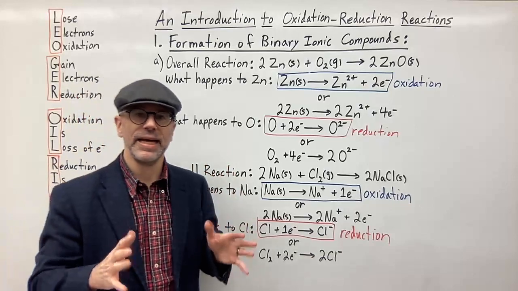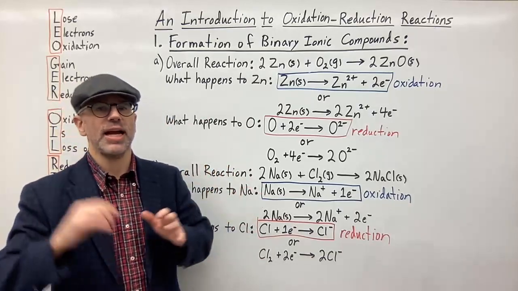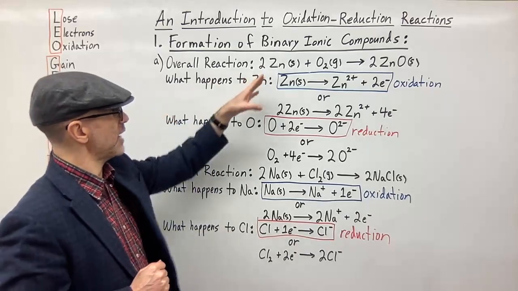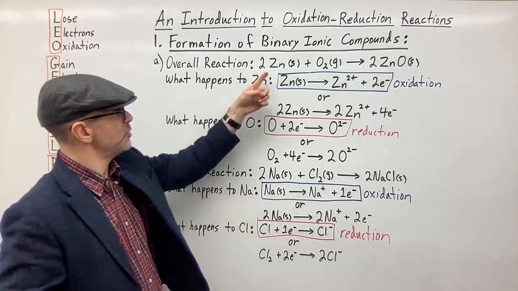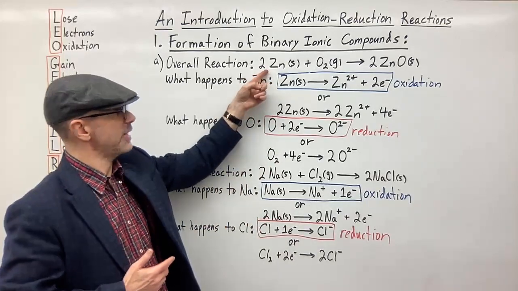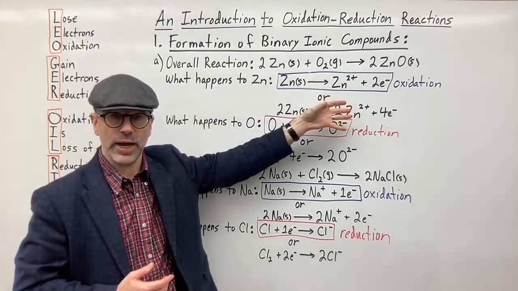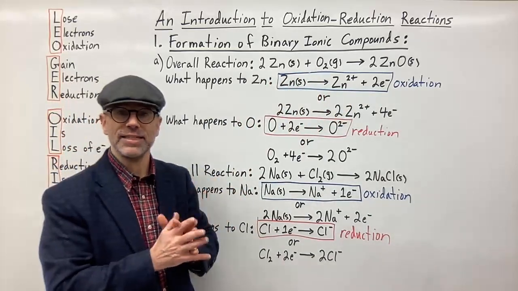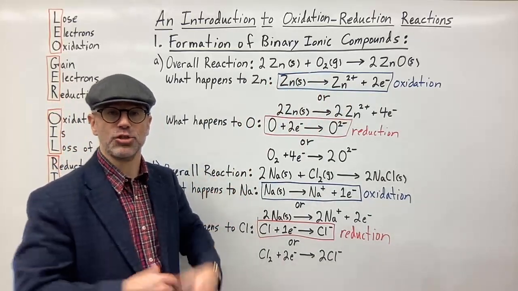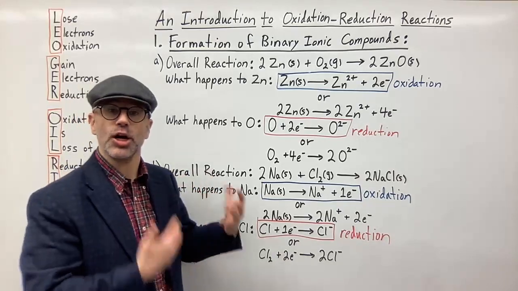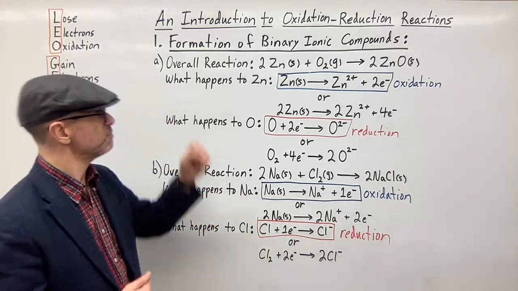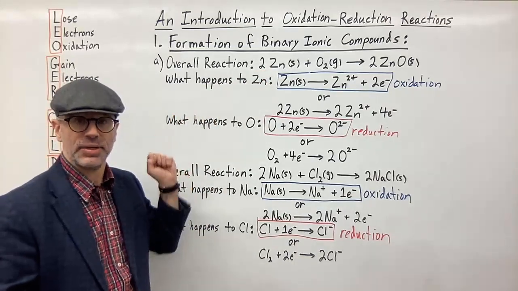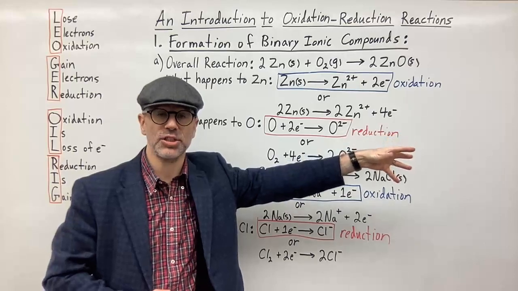So in the same way, we have to understand reducing agent and oxidizing agent. Remember what I said regarding reduction and oxidation happening at the same time. So why do oxidation and reduction happen at the same time? It's because here, for example, zinc is giving electrons away and oxygen is taking the electrons. So we have a transaction happening here, right? Agents are involved in a transaction. So zinc here is doing what? It's giving the electrons to oxygen.